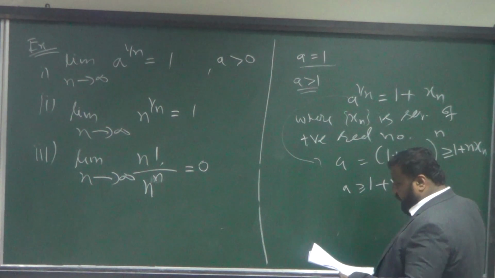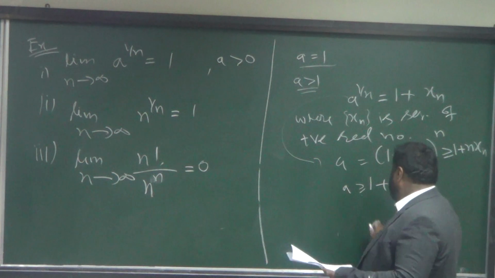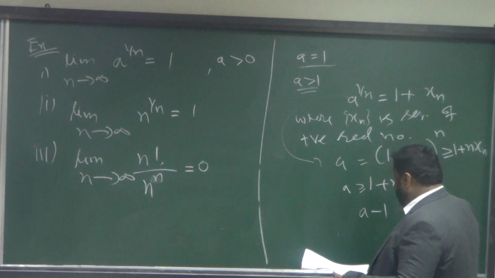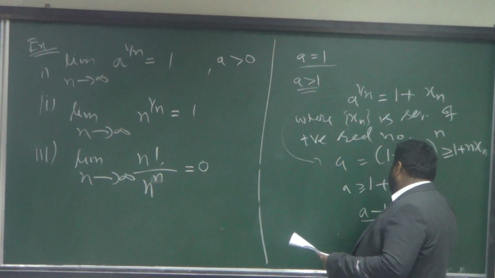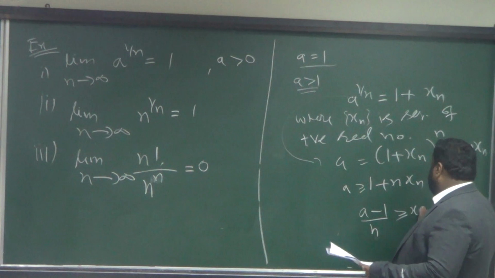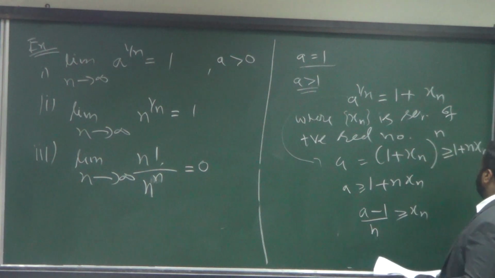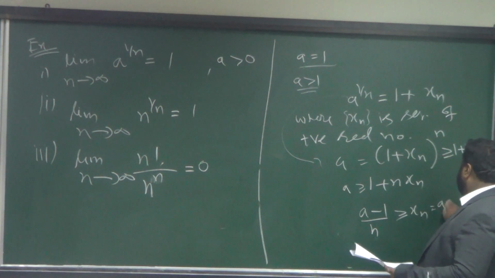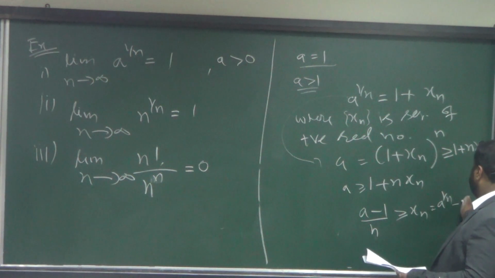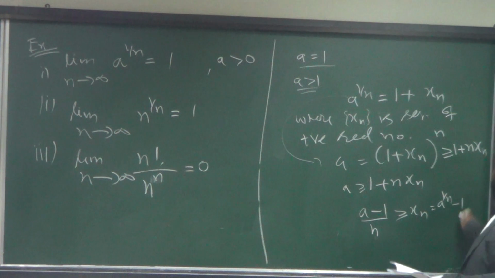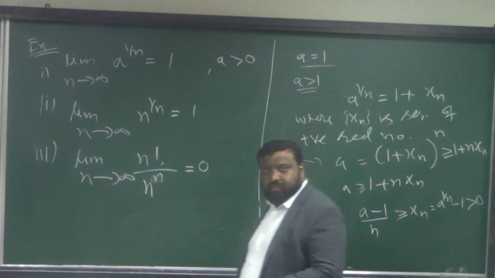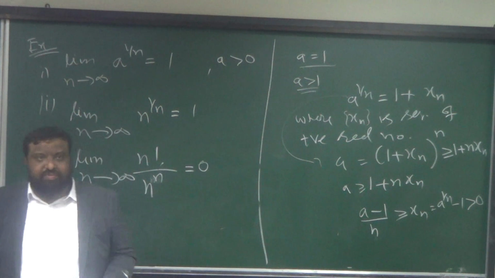Can I deduce from this inequality that A minus 1, divided by n, is greater than or equal to xn, which is A raised to 1 over n minus 1, and which is bigger than 0? Yes, right?